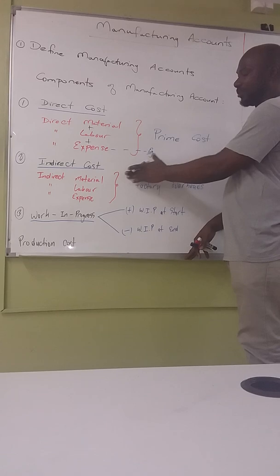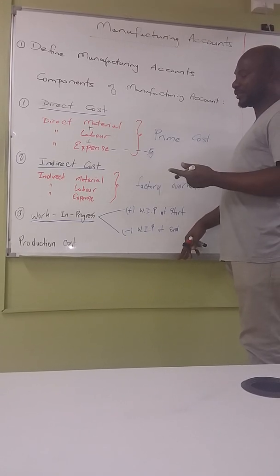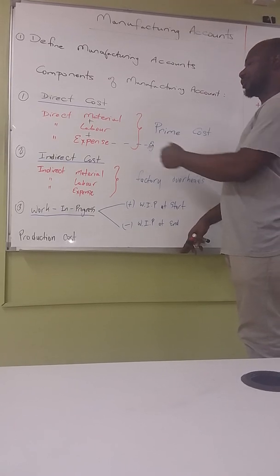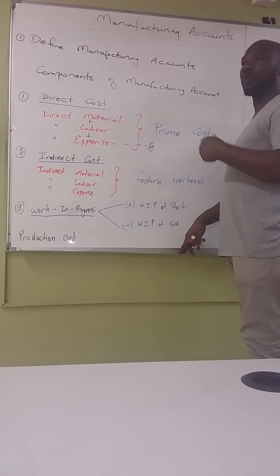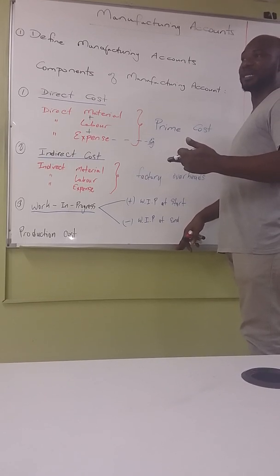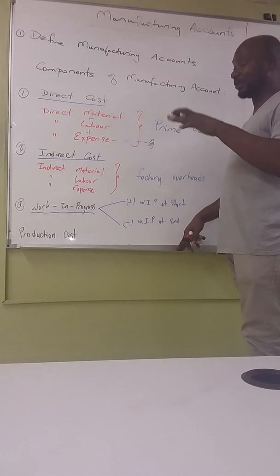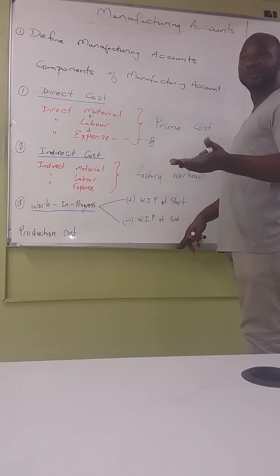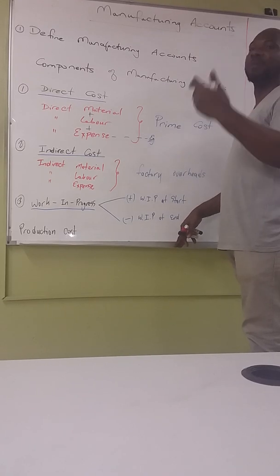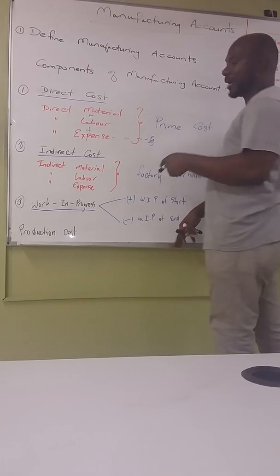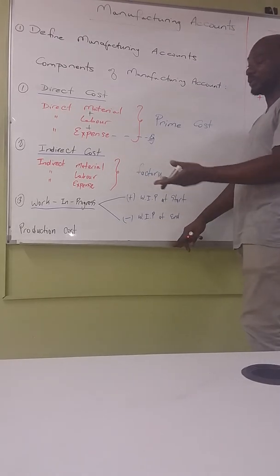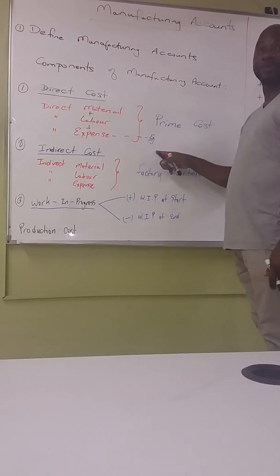Now it may be hard to determine that, okay, I would have purchased say 100 sandpaper, and 100 sandpaper would be able to sand and smooth down 20 dressers. It may be hard to determine that, because you may require more or you may require less. So indirect materials are those materials that are not easily traced back to production. An example of that could have been the sandpaper.